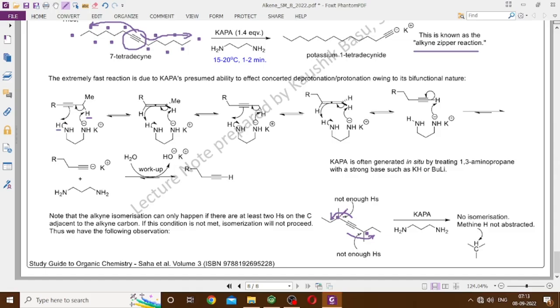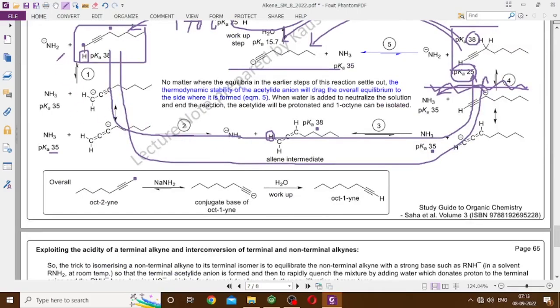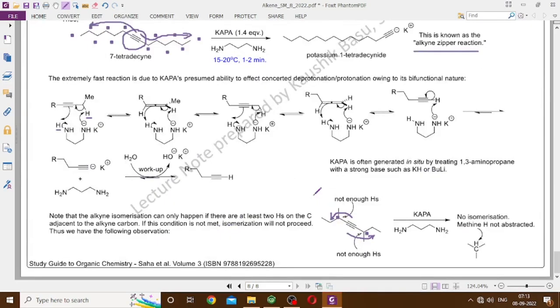The number of hydrogens is less, only one hydrogen is present. As a result, you don't have this type of isomerization where you will need the presence of at least 2 hydrogens to shift the carbon-carbon double bond in that direction. You don't have 2 hydrogens, you only have 1 hydrogen. Isomerization will not take place.